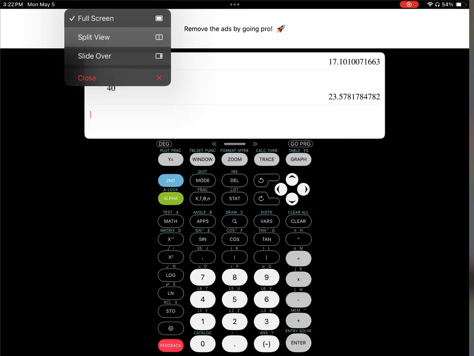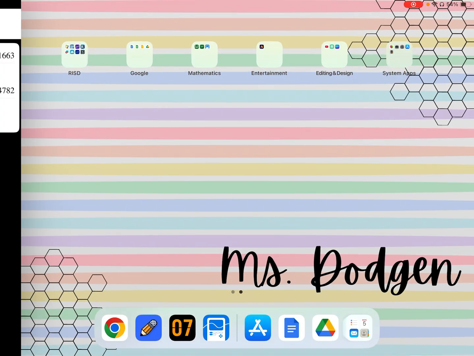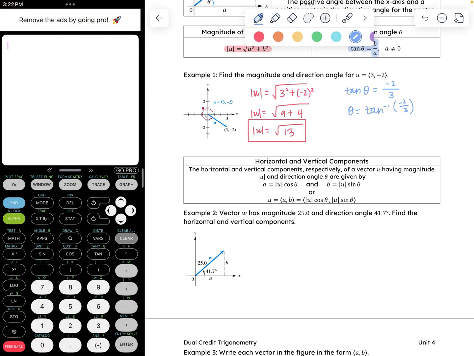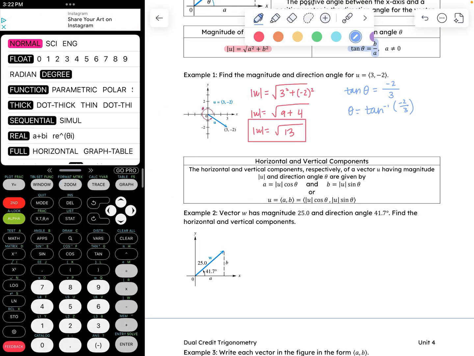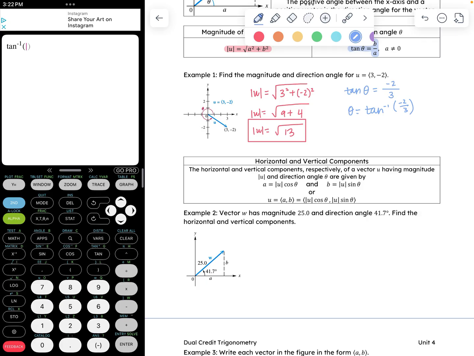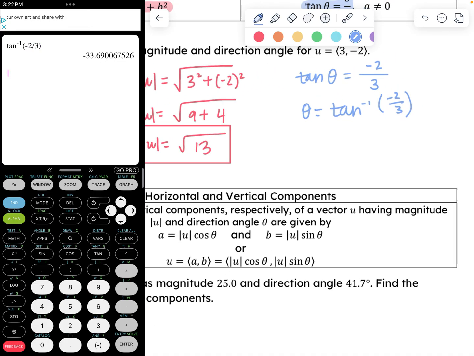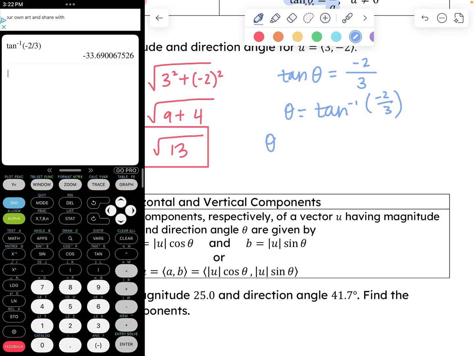I'm going to make sure I'm in degree mode for today's notes. In degree mode, inverse tangent of -2 thirds, and I get that theta is equal to -33.69 degrees. We'll round to 2 decimal places for today.